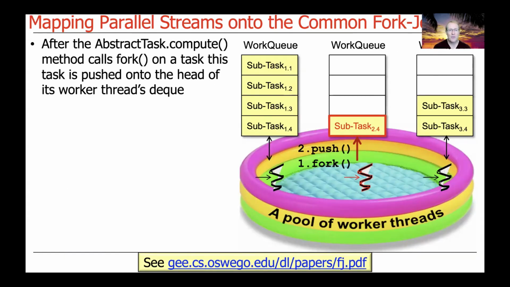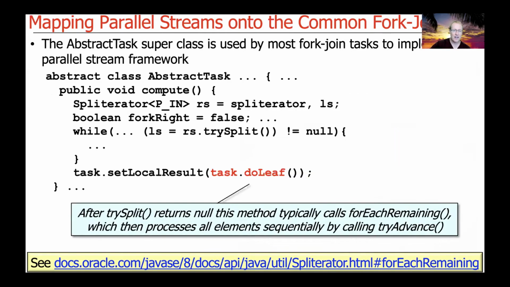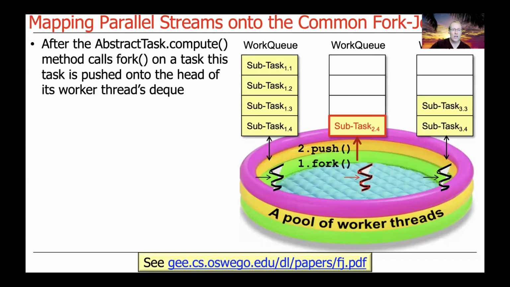So whenever the compute method calls fork on a task, as we saw back here, here's what happens. That task is then pushed onto the head of the queue or the deck that the worker thread happens to have as a consequence of being the current thread that's doing the processing. This may be a little confusing at first, but what's happening here is that there's a pool of threads. Those threads are part of the system.